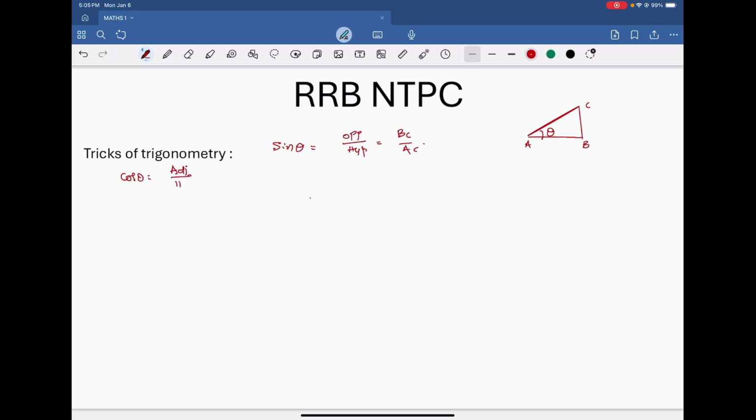Next, let us define cos theta, that is equal to adjacent side by hypotenuse, that is equal to AB by AC. Tan theta is equal to opposite side by adjacent side, that is equal to BC by AB.